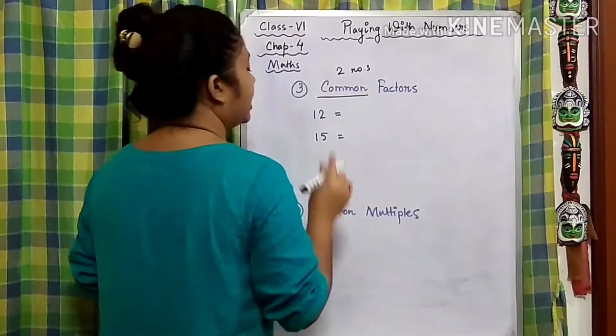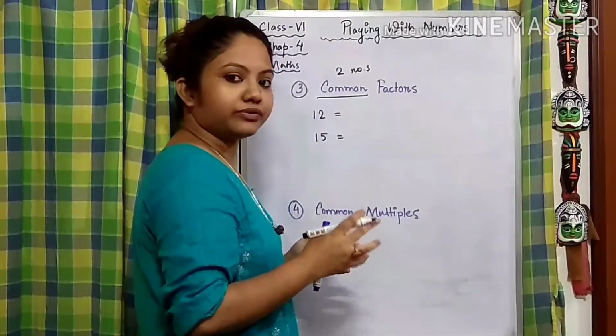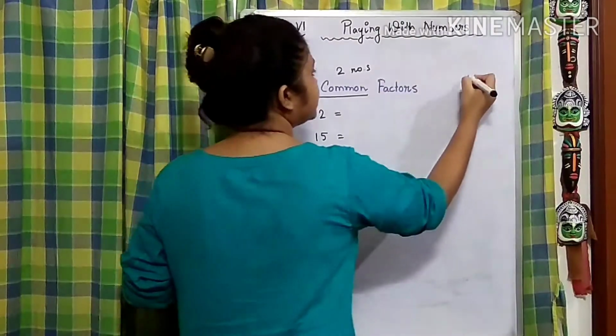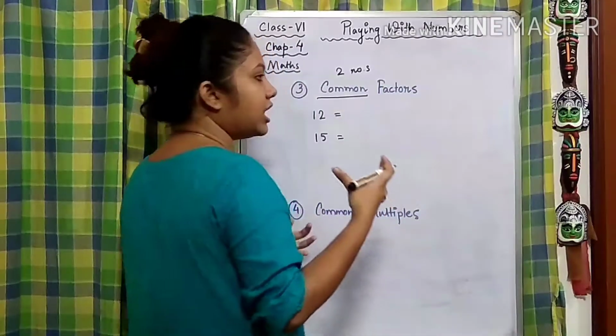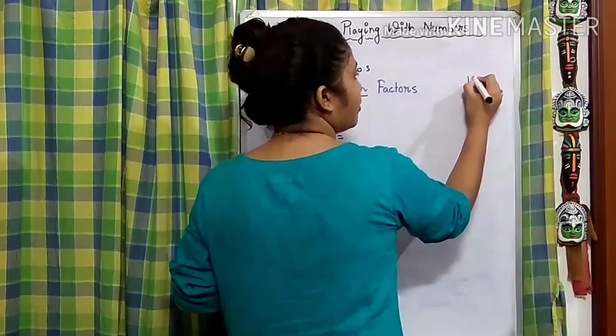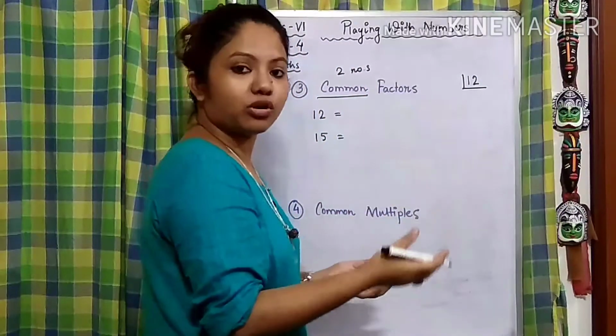Now we need to find the factors of 12. For that, we first have to find all the possible combinations that give rise to 12. How can we easily find it out? We just keep on dividing 12 by the numbers which are possible.